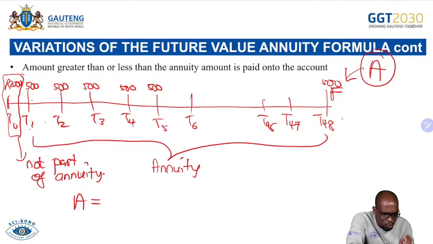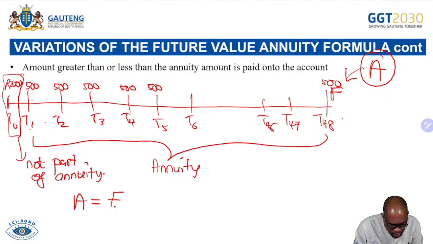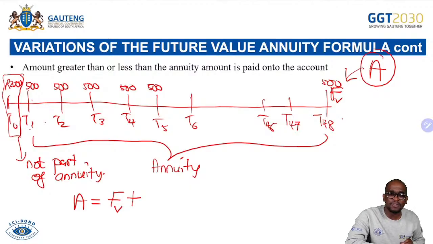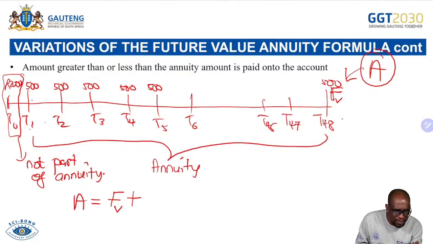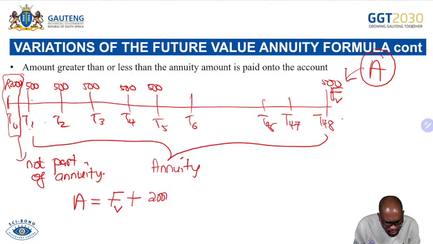So you would agree with me that the accumulated amount would be F sub V, which is the future valued money, all right? Plus whatever this amount is, all right? Plus this 2,000, all right?